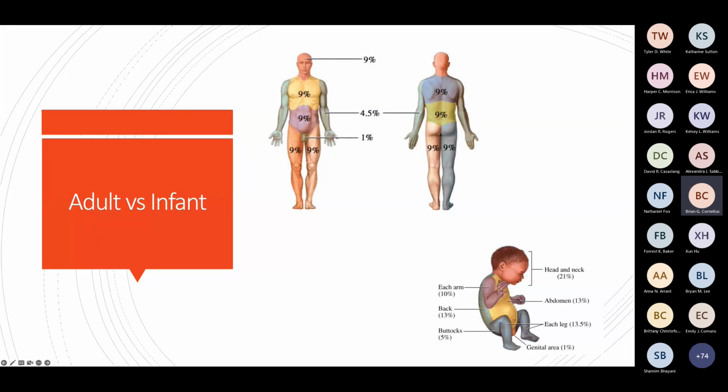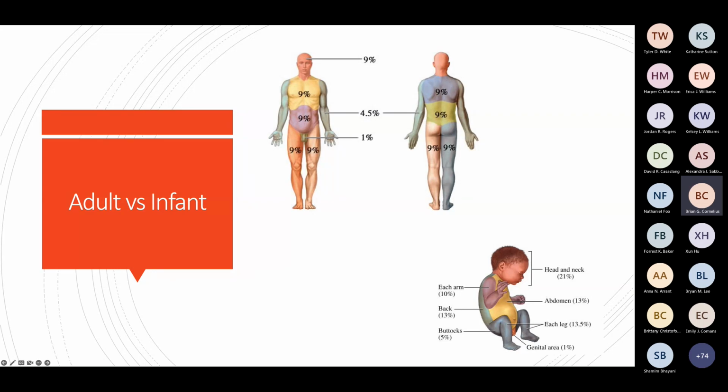When you get to children, it's not quite as common for this to show up on tests, and remembering the percentages is not quite as easy because they don't follow that rule of nines. But you have some overriding themes. Children generally have larger heads and necks. So instead of just having that 9% head, now it goes up to 21%.